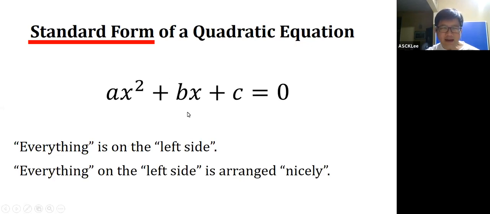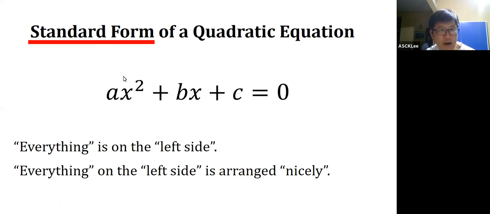Now, everything on the left side is arranged nicely. What is meant by nicely? The x squared term comes first, followed by the x term, and after that, the constant. So there is an order.